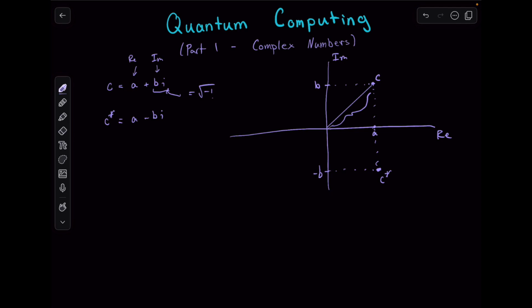We just have a right triangle with this x-axis length and this y-axis length, which is A and then B. So if we want to take the length of our complex number, which we do by putting these bars next to it, it's just the square root of A squared plus B squared. Or this can be rewritten as C times its complex conjugate. You can multiply that out to see for yourself that this is what you're going to get.